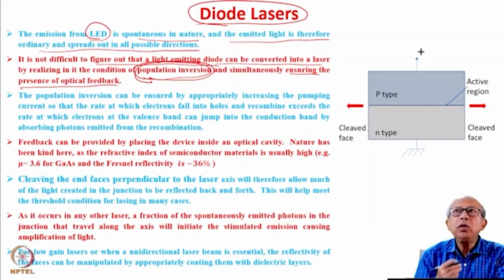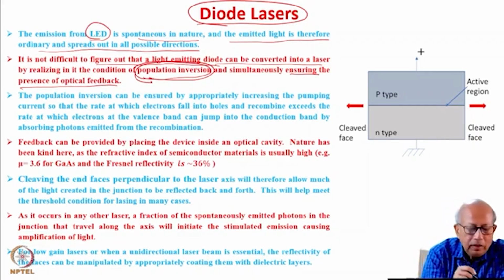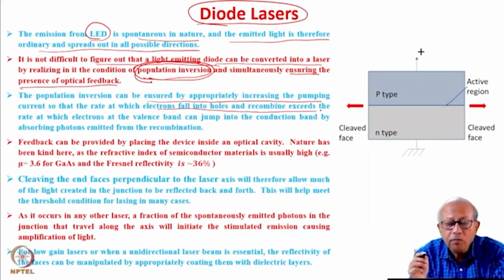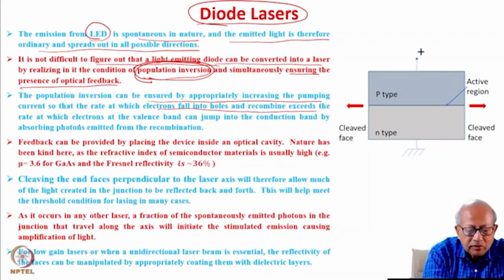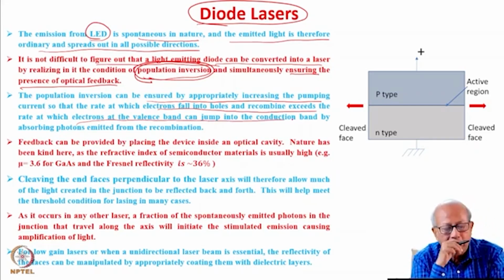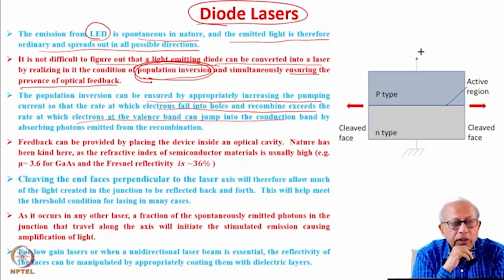How do we ensure population inversion? The population inversion can be ensured by appropriately increasing the pumping current so that the rate at which electrons fall into the holes and recombine exceeds the rate at which electrons in the valence band can jump into the conduction band by absorbing photons emitted from the recombination.